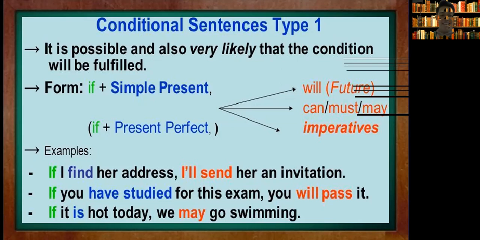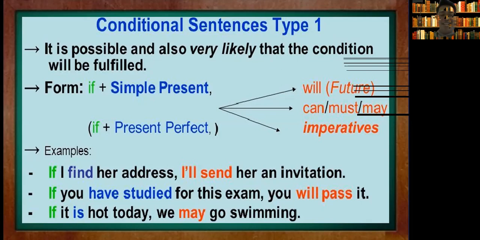Okay, so in this case, you use have because your subject is you. All right, so let's go now to our result clause. You will pass it. Will pass is our verb, obviously in the future form. So this makes now our conditional type 1 sentence. All right, because you used present perfect form of verb in the condition clause, having the if in it, and then you used future simple form in your result clause.